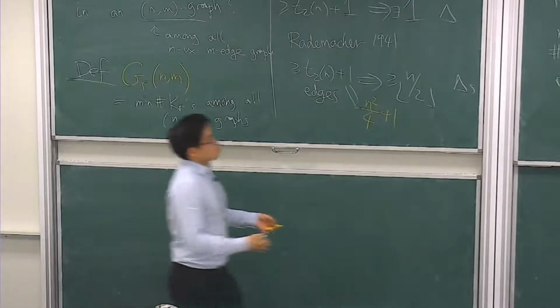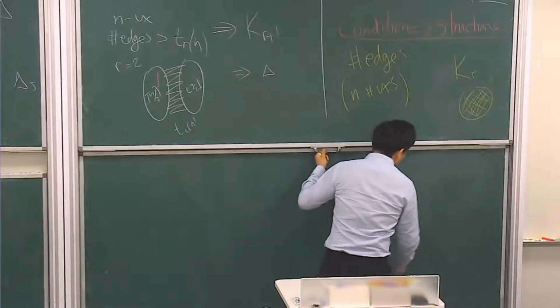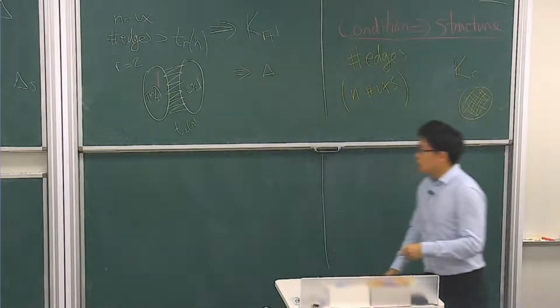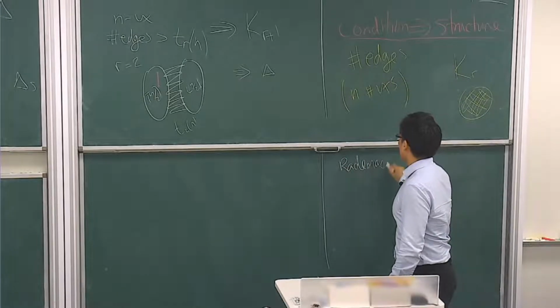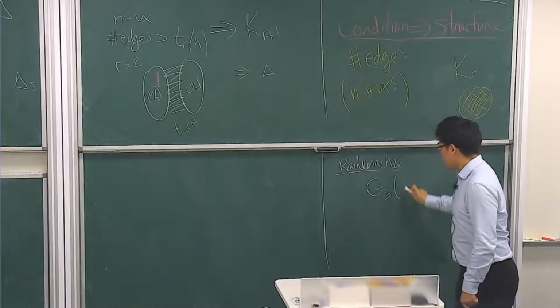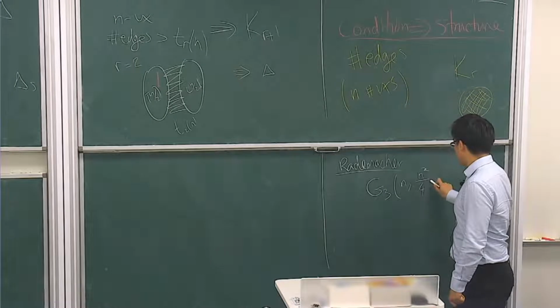So let's do this in this language. Basically, what Rademacher observed, let's write it in this way, is g sub 3 of n squared over 4 plus 1.